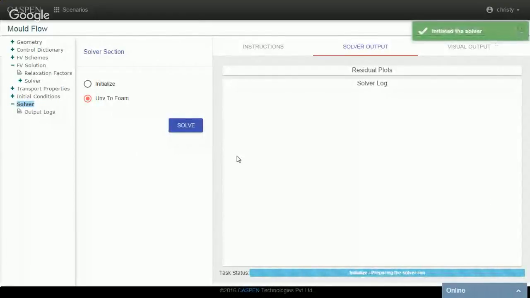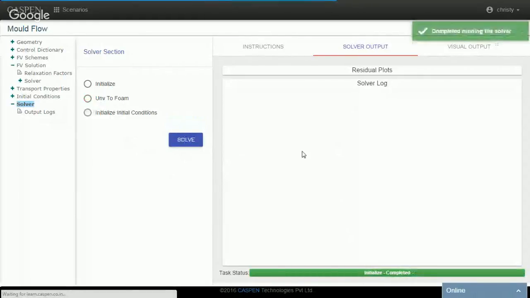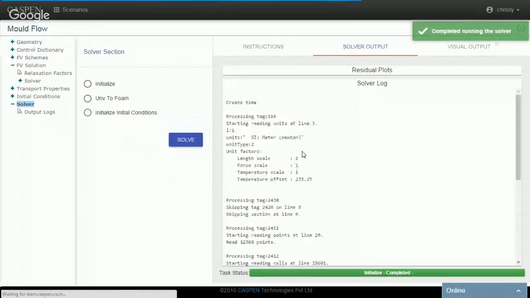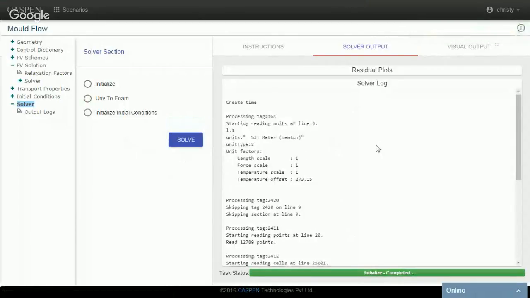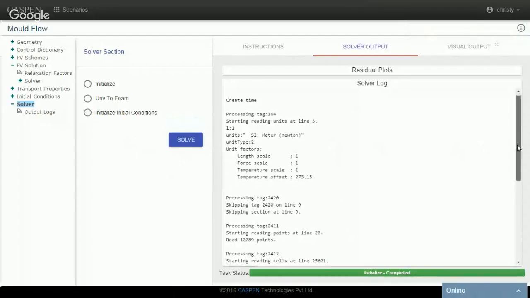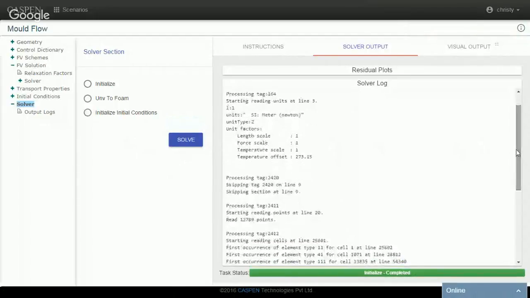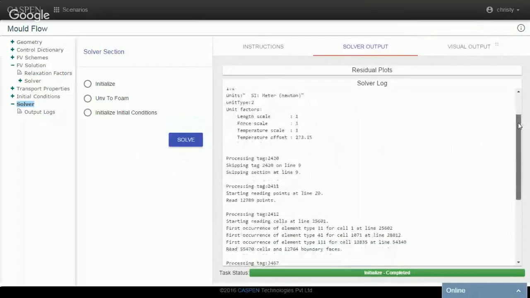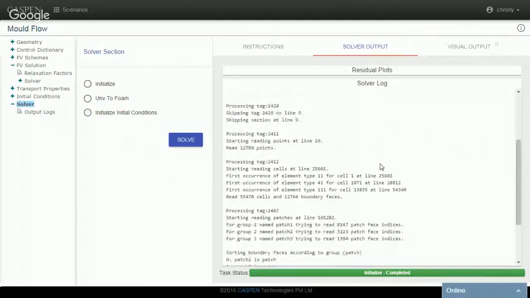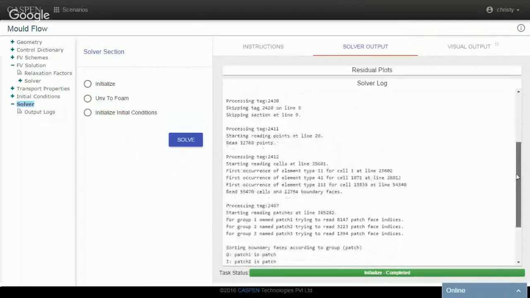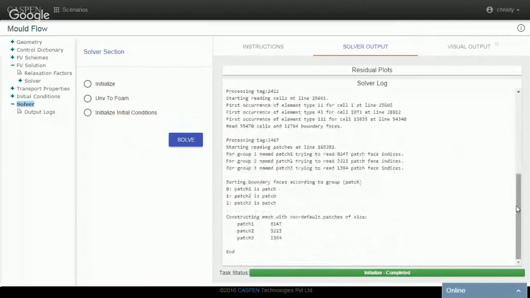So here you're seeing that the solver has been initiated and you are currently converting the UNV file to foam, which in a short while we will get a completed result. So what it has done is taken, using the standard SI units, all the points within the cell, identified the cells, and also identified the patches which we give.